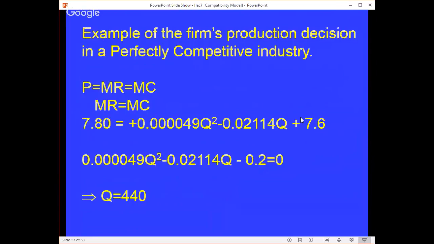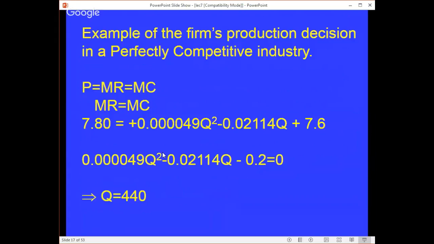So in our second example, the firm's production decision is as follows. I have a price of 780, and I have its cost function, 0.0049 q squared minus 0.02114 q plus 7.6.